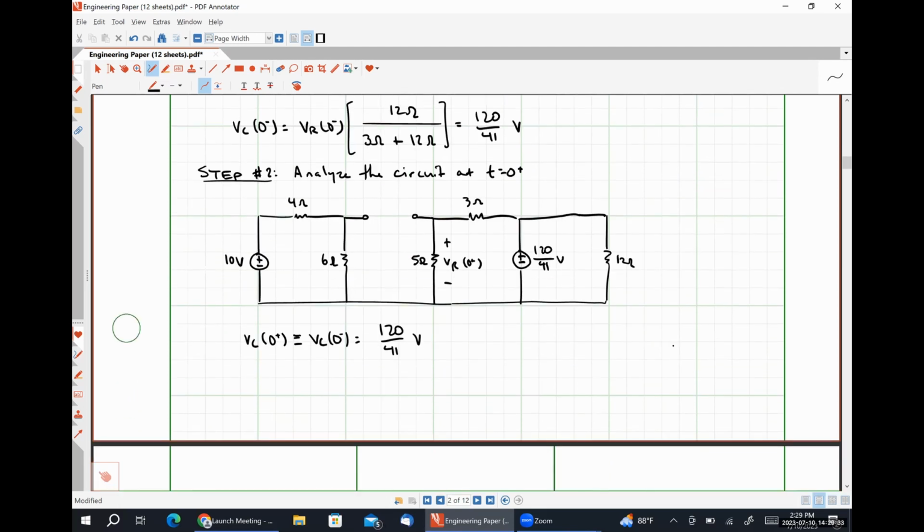Now using voltage division, VR at 0 plus is going to be that 120 over 41 volts times 5 ohms over 3 ohms plus 5 ohms. So 120 over 41 times 5/8.